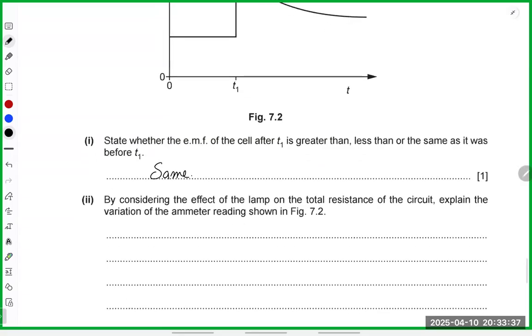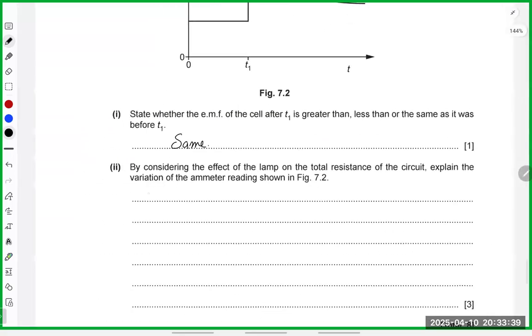So when the lamp is turned on, the total resistance of the circuit decreases.